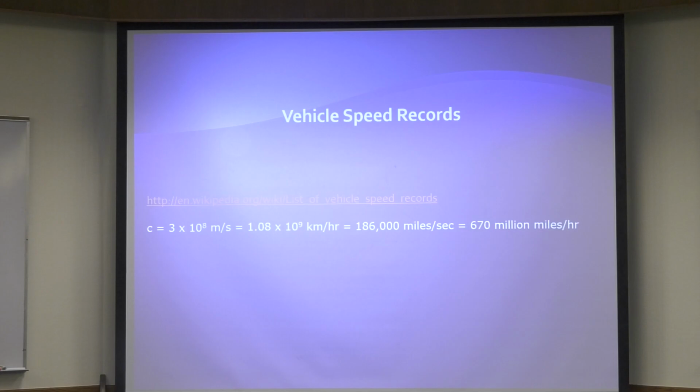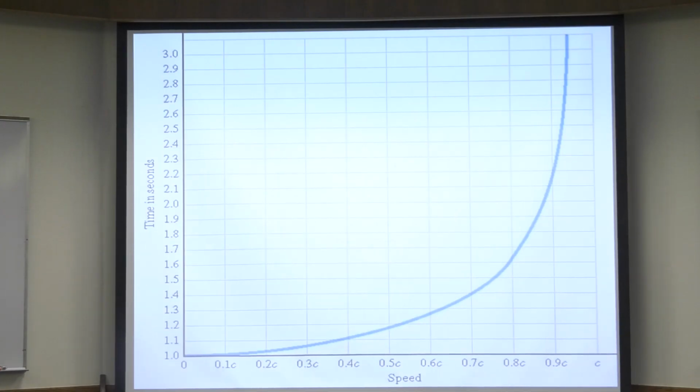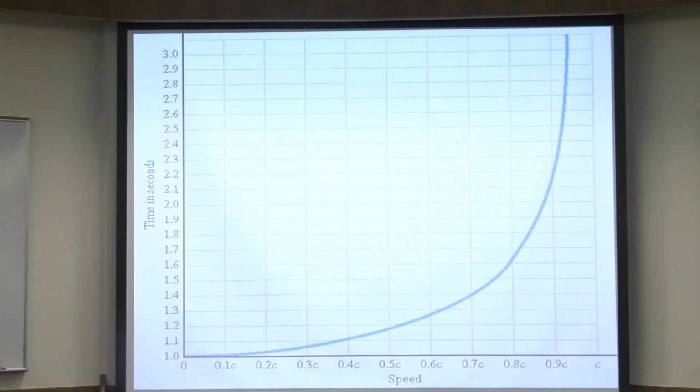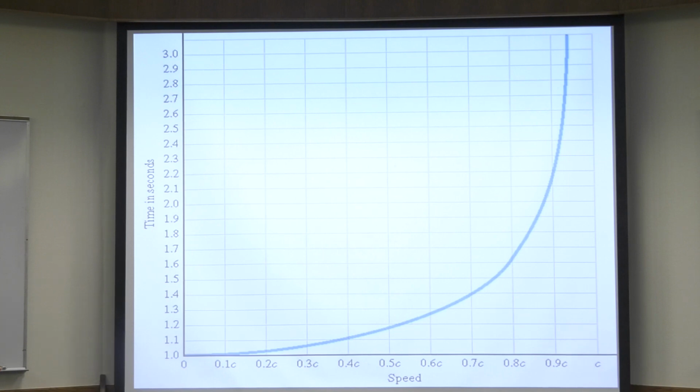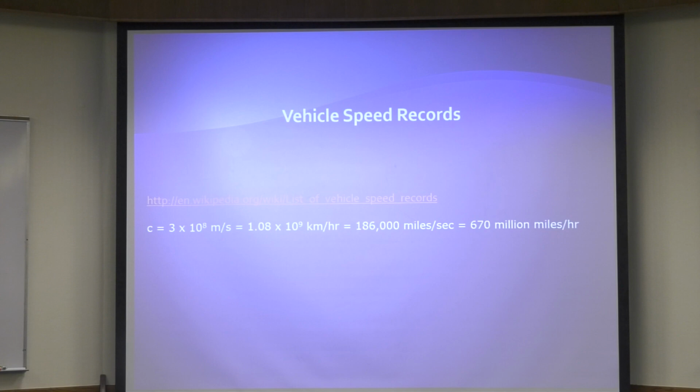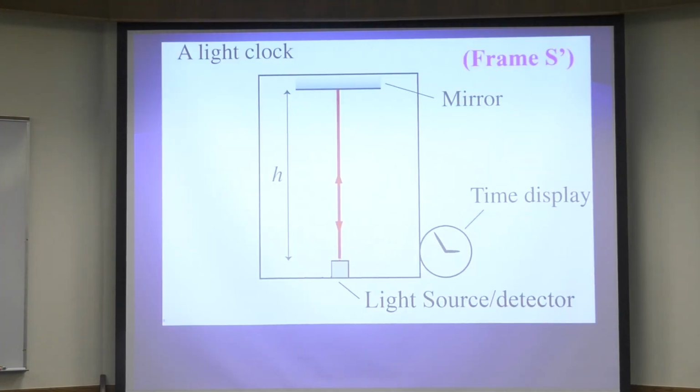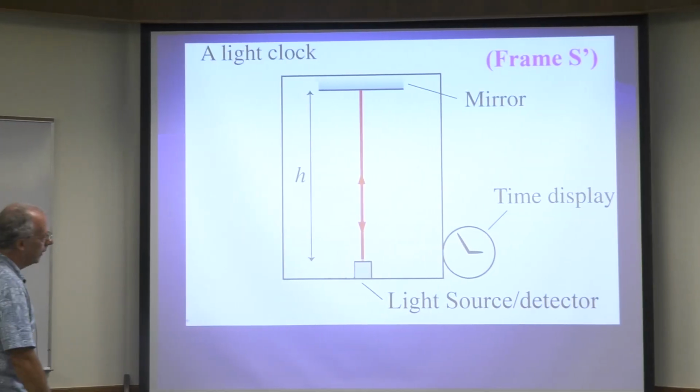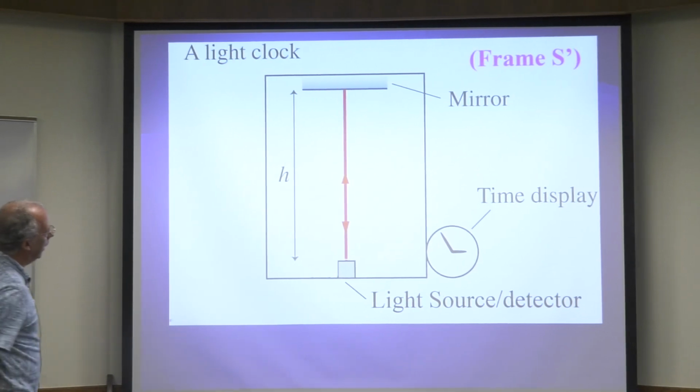So it's nice to have a graph, but we want an equation. It turns out the equation is not difficult, just algebra and the Pythagorean theorem. So let's do it. Well, actually, you're going to do it. So here we go. There's our light clock, but now we're going to be a bit more general.